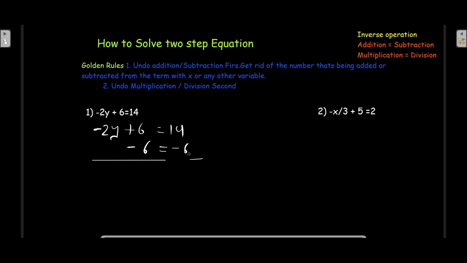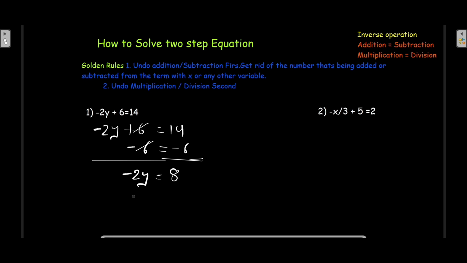If we add plus 6 and minus 6, they will cancel out each other. So here minus 2y is equal to 14 minus 6, which will give us 8.